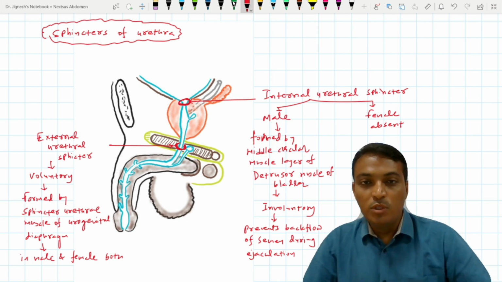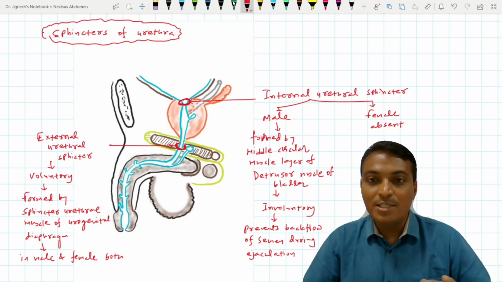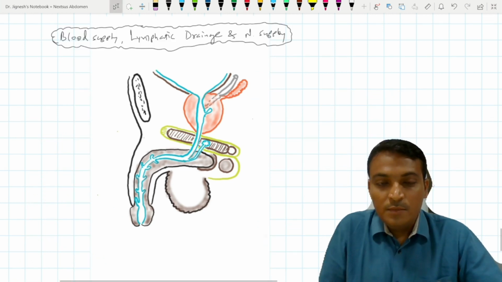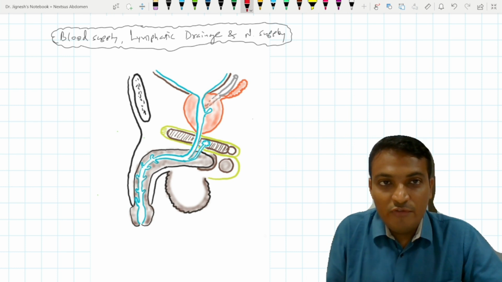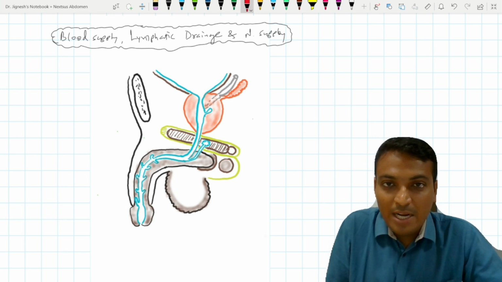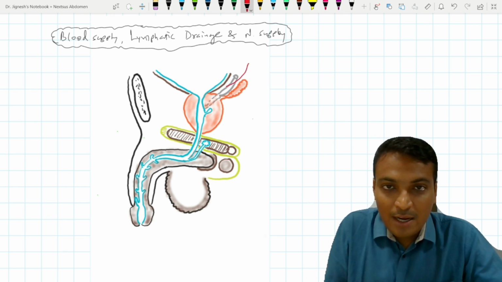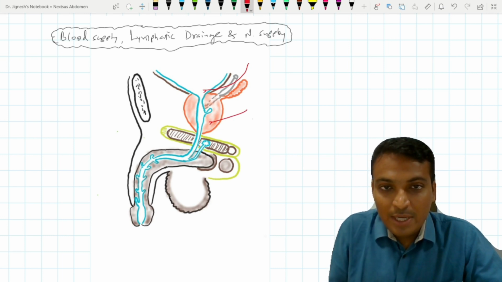Now let's move on to the arterial supply, venous drainage, lymphatic drainage, and nerve supply of the urethra. The urethra is supplied by the inferior vesical artery, middle rectal artery, as well as branches of the internal pudendal arteries.